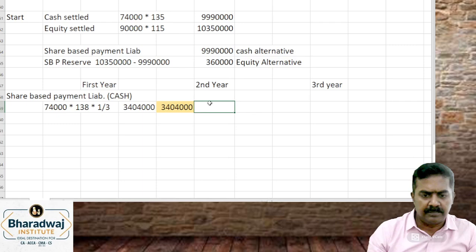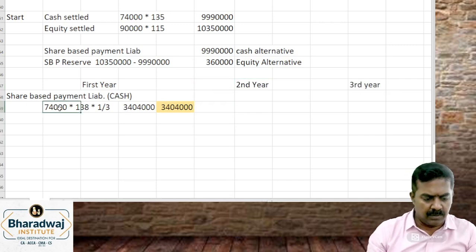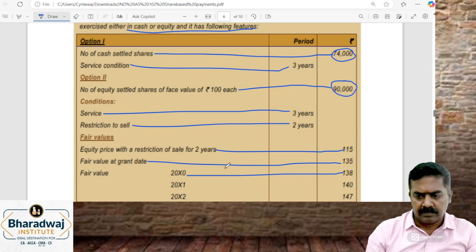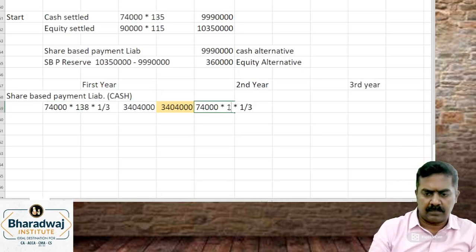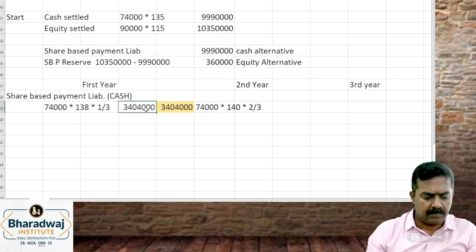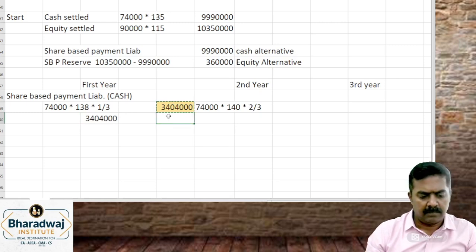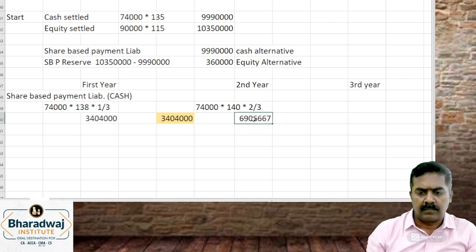Second year: 74,000 into 140 into 2 by 3. So the second year expense will be the difference.